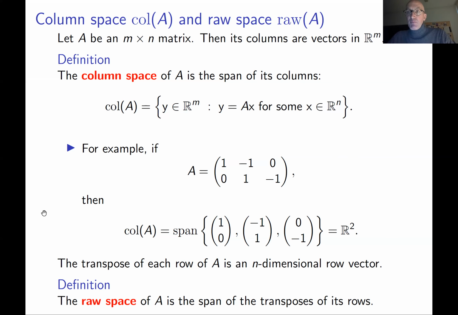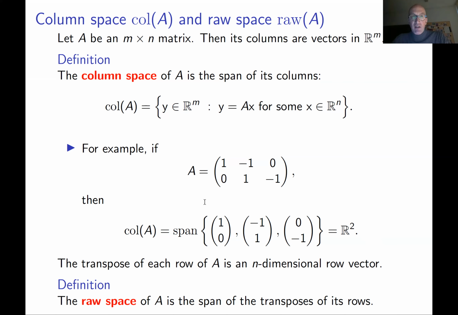Again, by the properties of spans, the column space and the row space are vector subspaces. But note that they live in different spaces. The column space, in this example, is a subspace of two-dimensional space, and the row space is a subspace of three-dimensional space.